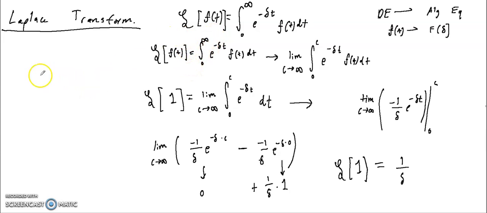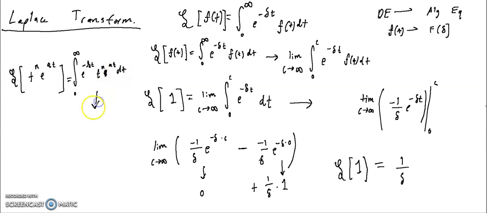But for example, on my sheet, and you'll be able to use it on your exam, if f of t is t to the n e to the at, well then that equals the integral of e to the minus st times t to the n e to the at dt.